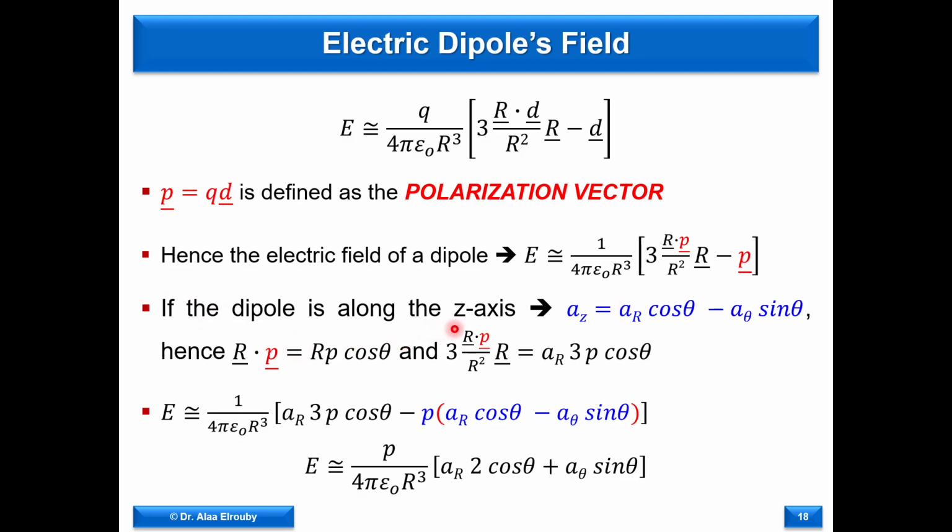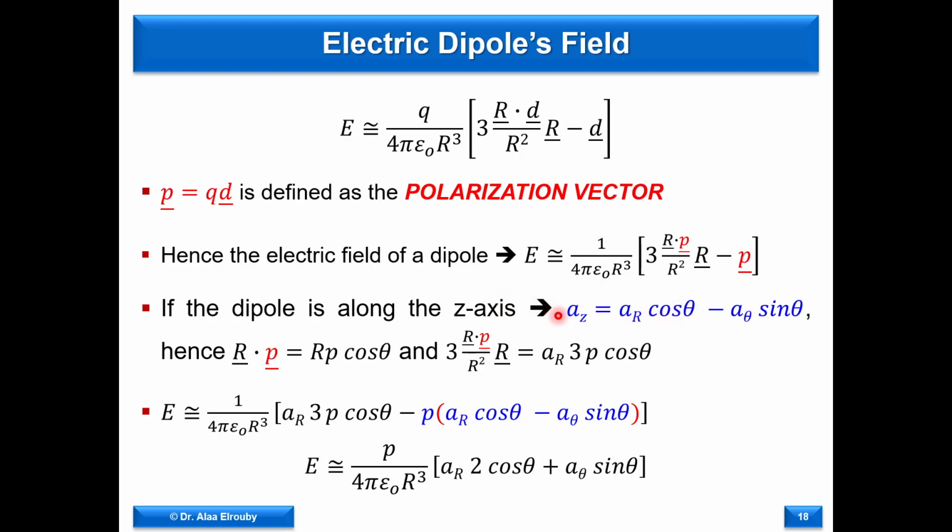If the dipole is along the z-axis, so AZ equals AR cosine theta minus A theta sine theta. So this is the AZ decomposed into the unit vectors of the spherical coordinate system.